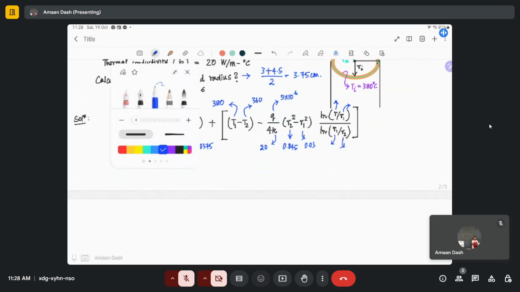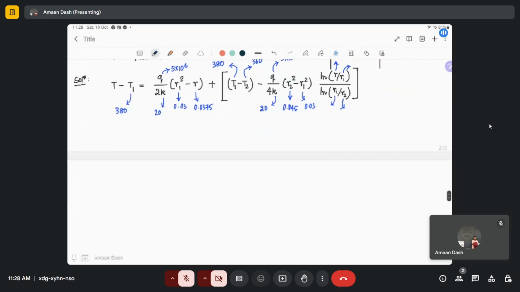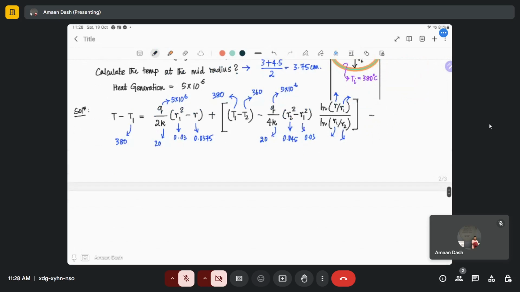If you substitute everything, you will get T equal to 373.7 degree.